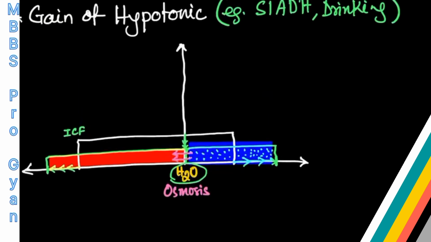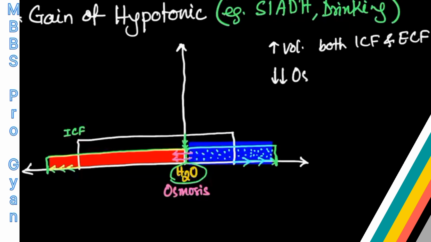This means if you give hypotonic fluid, there will be expansion, there will be increased volume of both ICF and ECF. Getting my point? And what will happen to the osmolality?